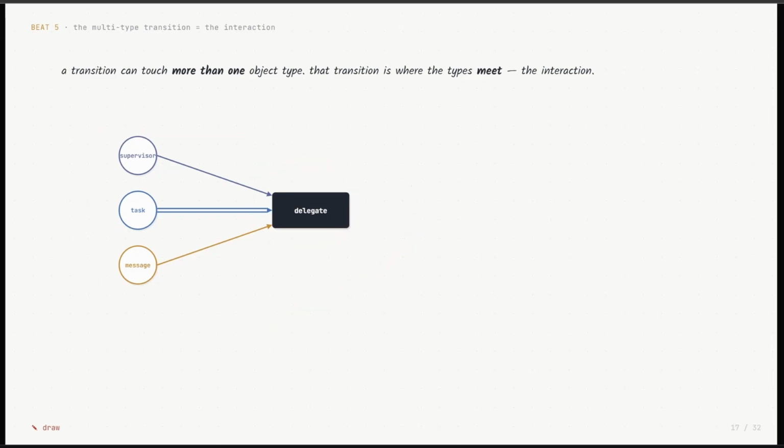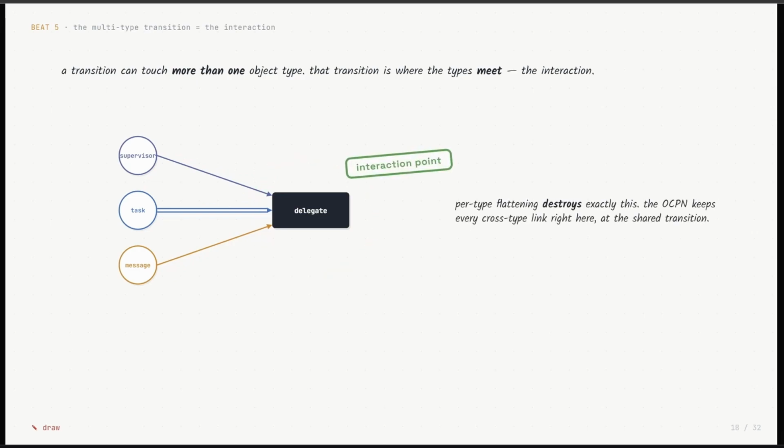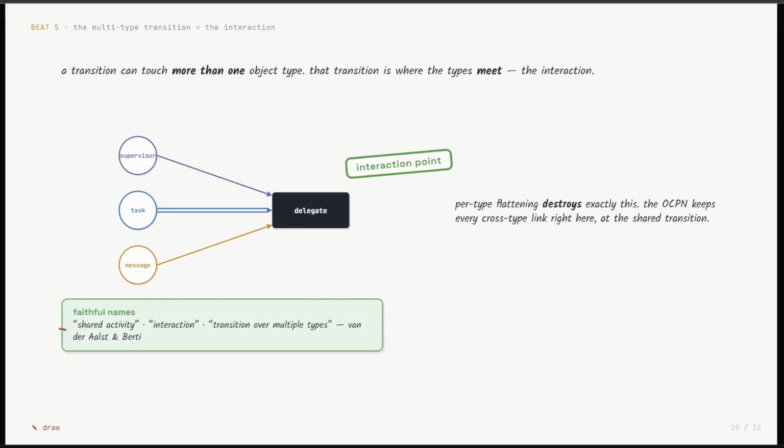Let's say here, delegate, you have arcs from task, from supervisor, from message, everything is clear. And you want to give it a name. So here, the literature gave it the name of shared activity, an interaction transition over multiple types. This is from a paper by Van der Aalst and Berti.